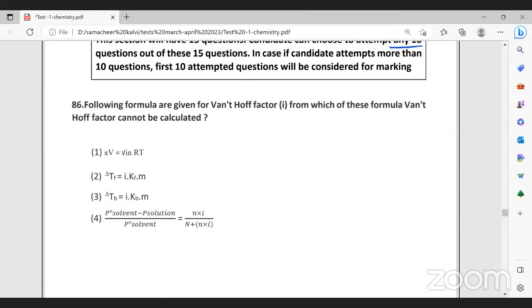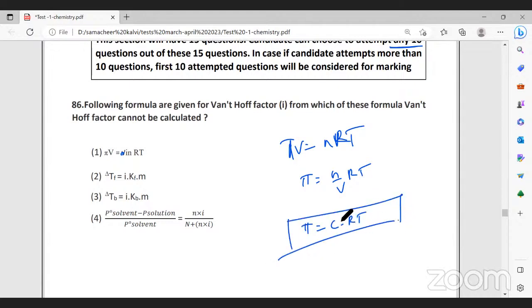The following formulas are given for the Van't Hoff factor. From which of these formulas can the Van't Hoff factor not be calculated? Now, see, all these are colligative properties. Pi V is equal to nRT, we have learned. This is osmotic pressure. Or we know that pi is equal to n by V RT. Or we can write pi is equal to C into RT.